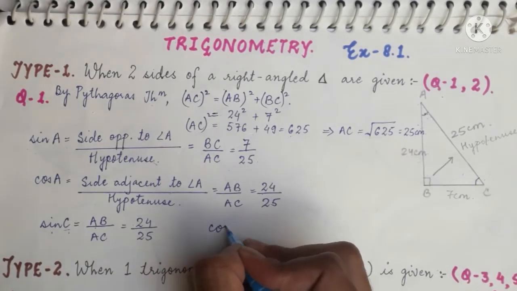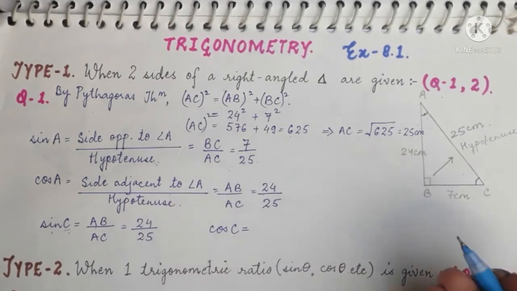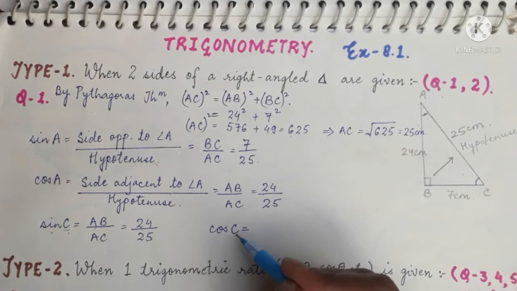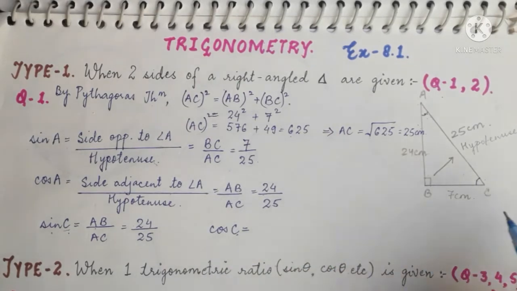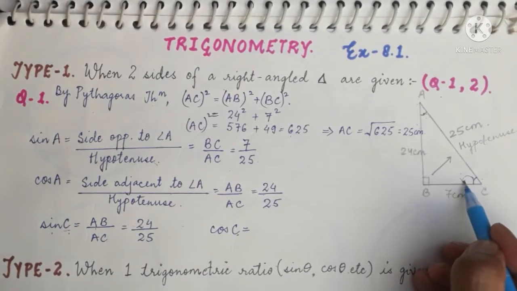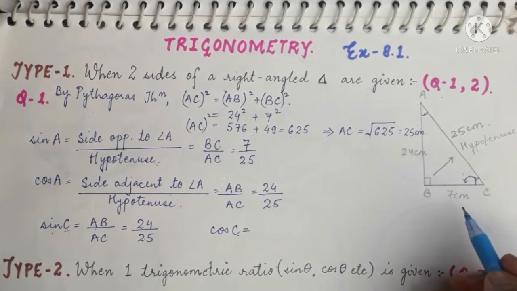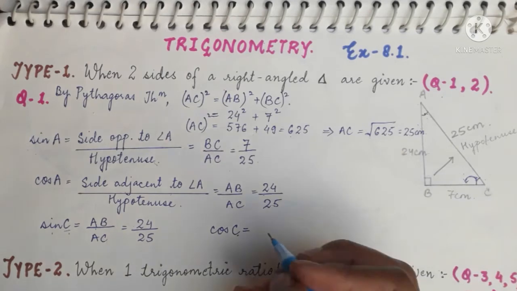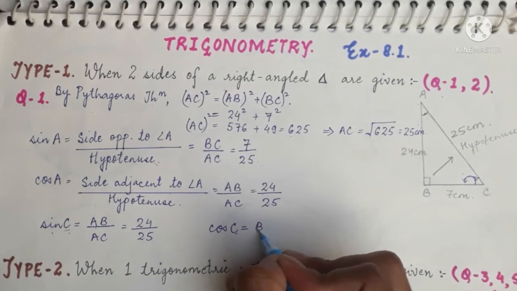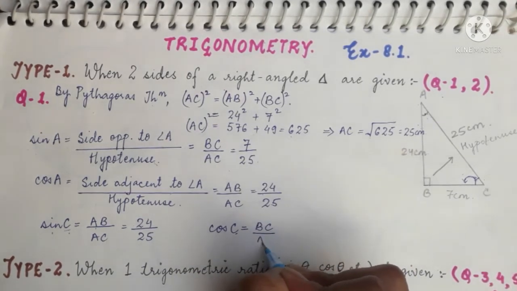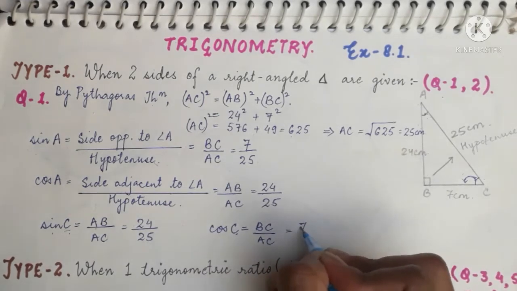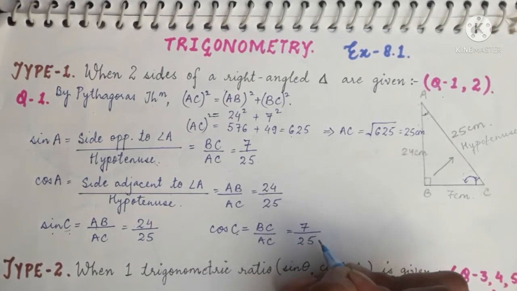Now cos C is equal to side adjacent to angle C upon hypotenuse. So the side adjacent to angle C is this. Always remember adjacent means next to. So cos C is equal to BC upon hypotenuse, that is AC. BC is 7 upon 25.